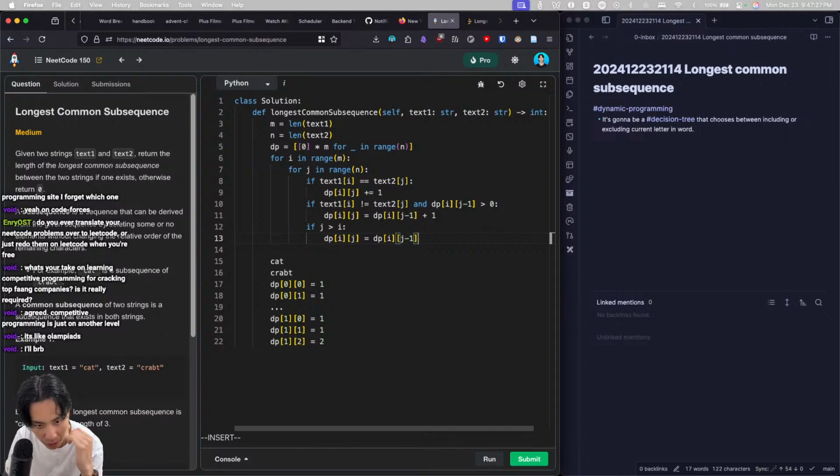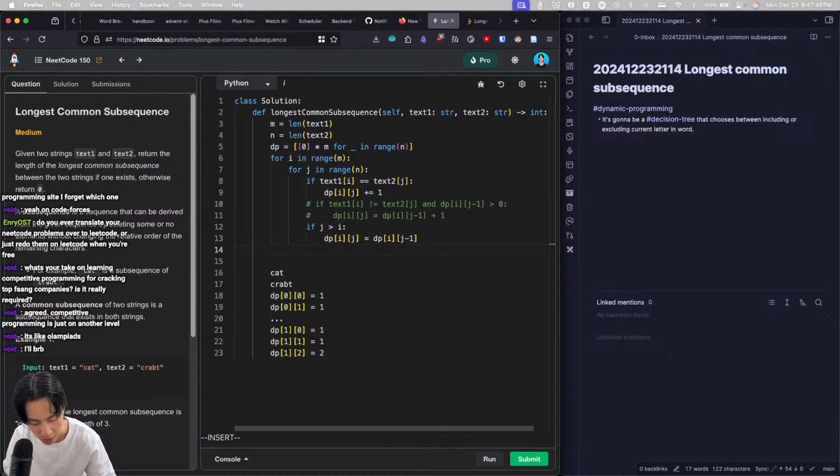This does make sense. And this would suggest this is the largest possible common subsequence. And that would kind of get rid of that.